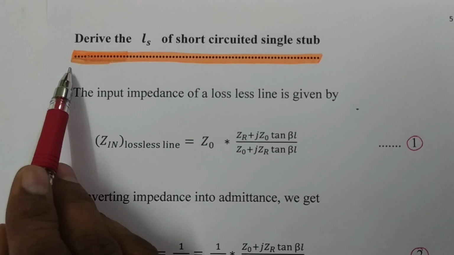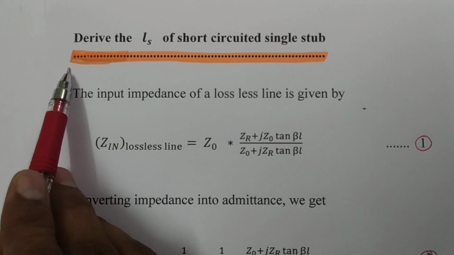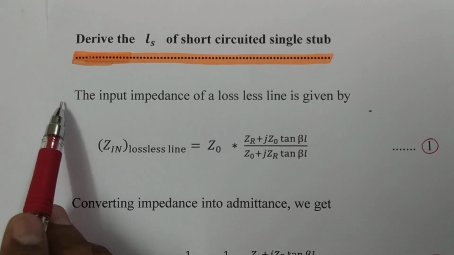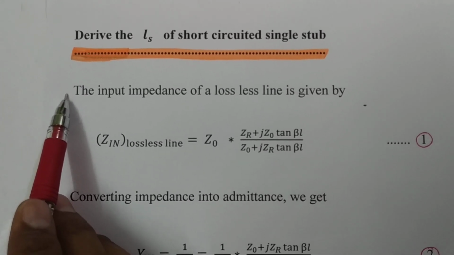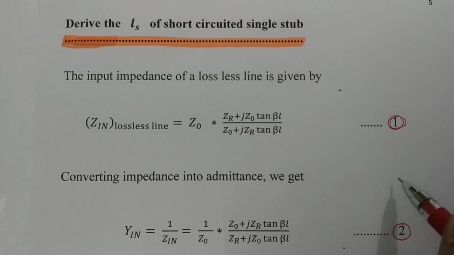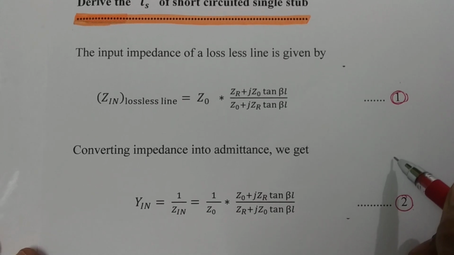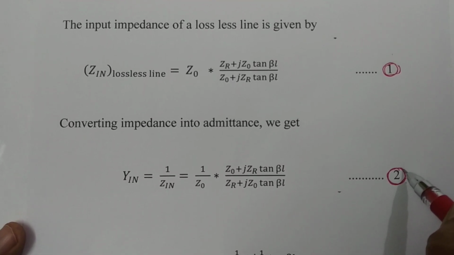Now we derive the location of the short circuited single stub. We start with the input impedance of a lossless line given by equation number 1. Converting impedance into admittance, we get equation number 2.